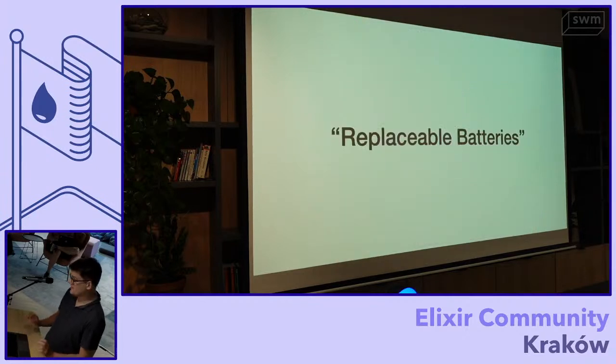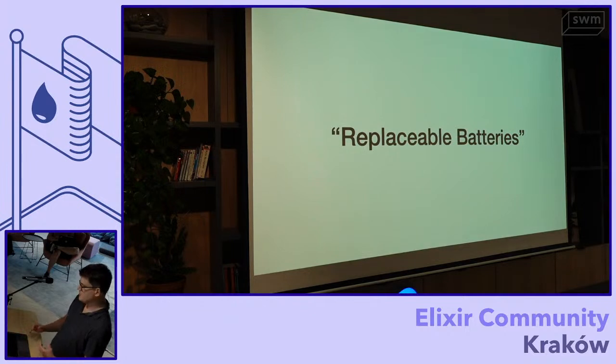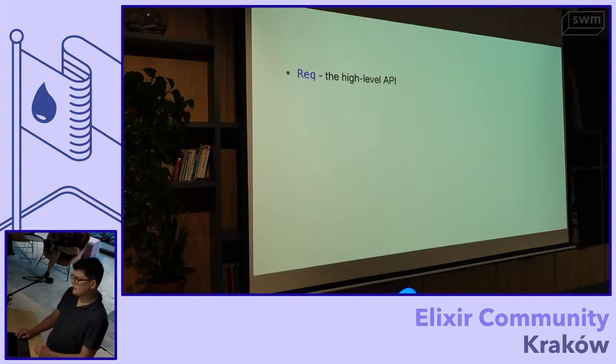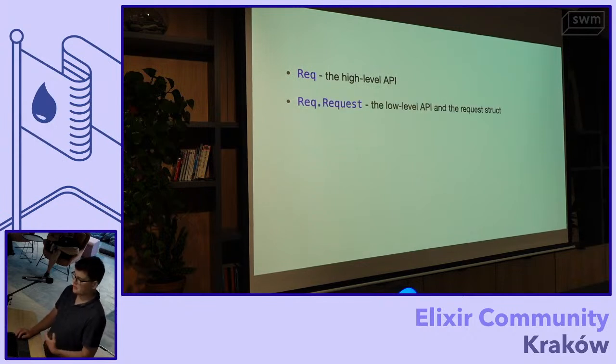If we have these batteries included, to stretch the analogy a little bit, let's talk about replaceable batteries. We ship with a bunch of features, and let's talk about how we can rearrange these features or write new ones, how to write new steps, how to extend Rec. Rec basically has 3 pieces: the Rec module, the high-level API that we've seen; the Rec request, which is what I like to call a low-level API.